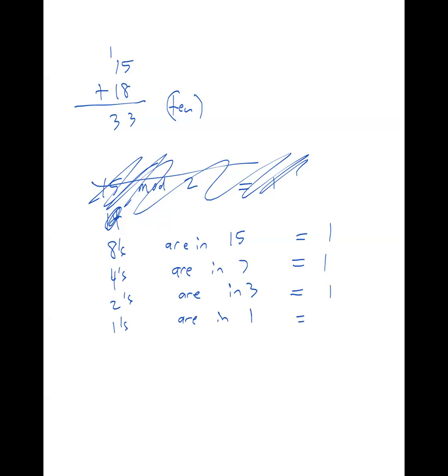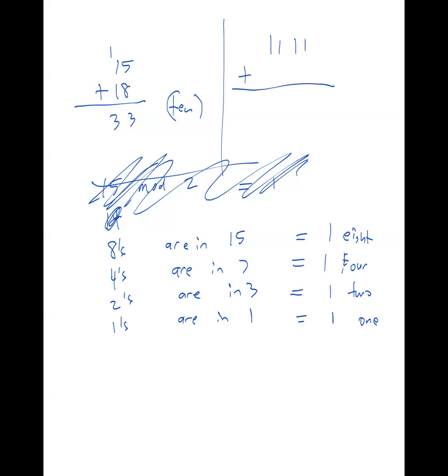How many 1s are in 1? 1. So 15 in base 2 represents 1 1. It's 1 1 plus 1 2 plus 1 4 plus 1 8. So therefore 15 in base 2 is equal to 1 1 1 1, like that.